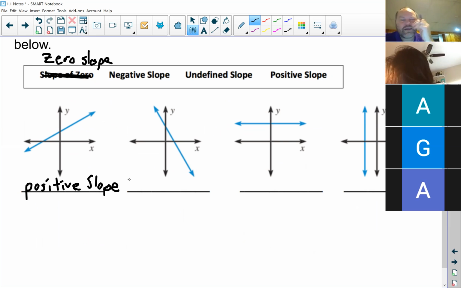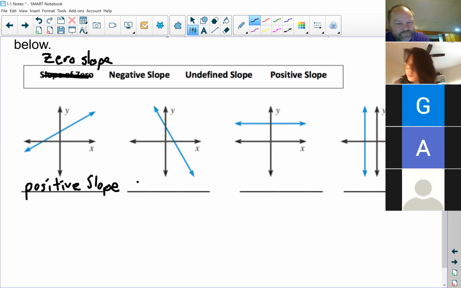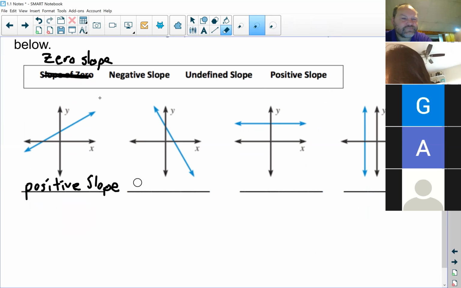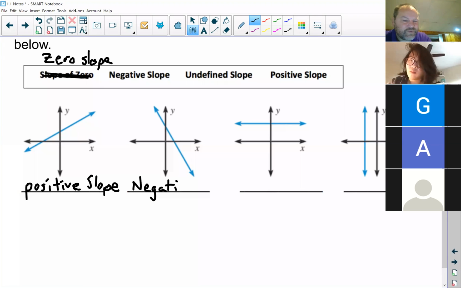All right, what about the second one? Negative. Negative slope. Maybe it's easier if I write it underneath. Like that.